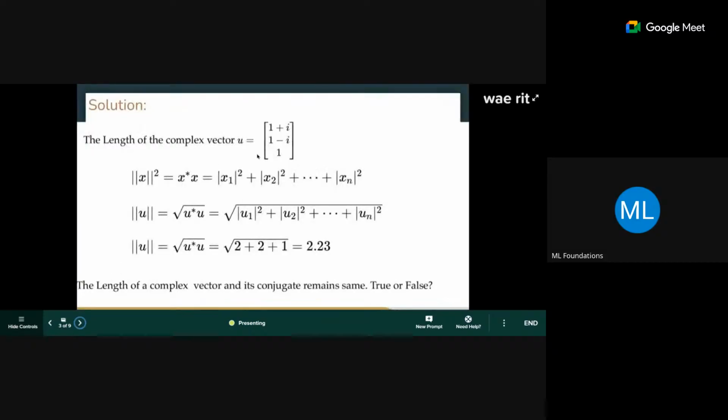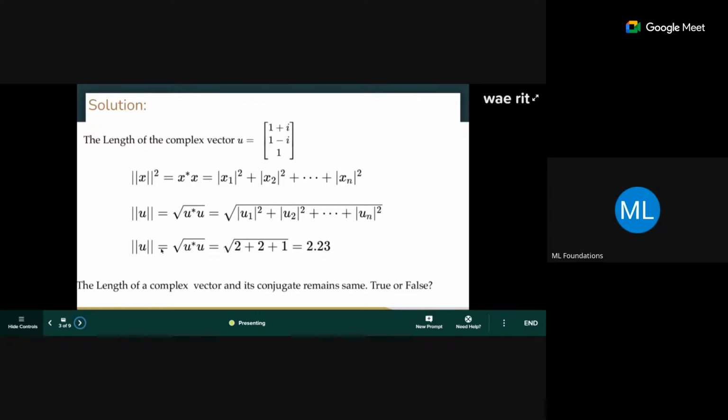So the length of the complex vector 1 plus i, 1 minus i, and 1 is what we need to find out. Generally, it is the square root of this, right? Actually, this is called the Euclidean norm, and the squared norm is x into x for any vector x, which is x1 square plus x2 square plus up to xn square. If it is a real vector, meaning all the elements are real numbers, it will be u1 square plus u2 square plus un square.